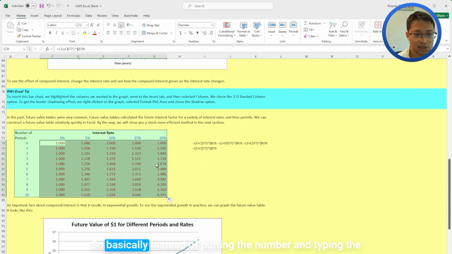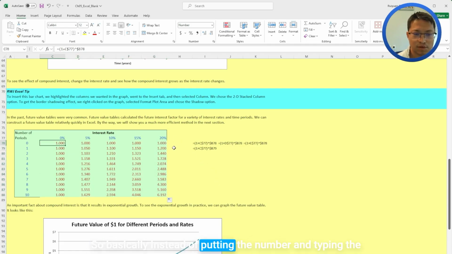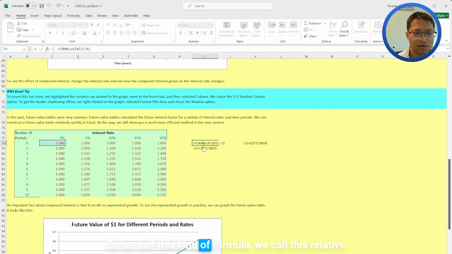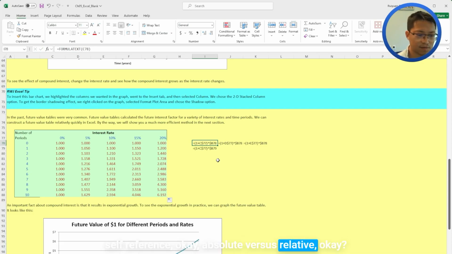So basically, instead of putting in the numbers and typing the equation one by one, we are able to calculate everything for interest rates from 0 to 20 and years from 0 to 10. We call this kind of formula relative versus absolute referencing.